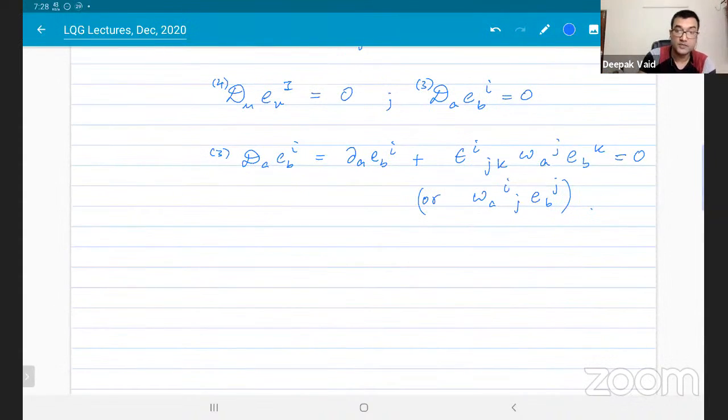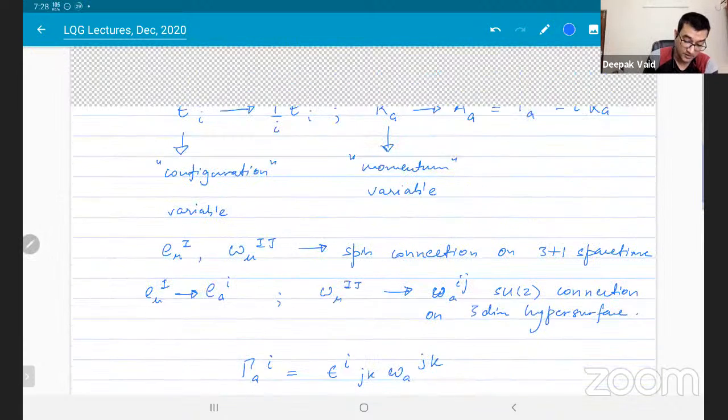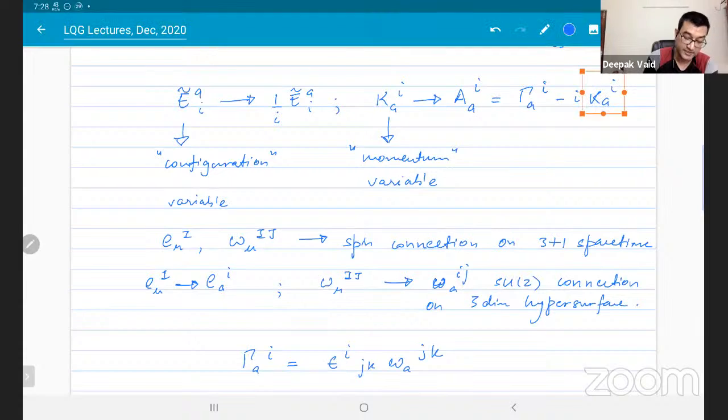Now something sort of magical happens, in a way you can say. This extrinsic curvature, right? This is not a connection.